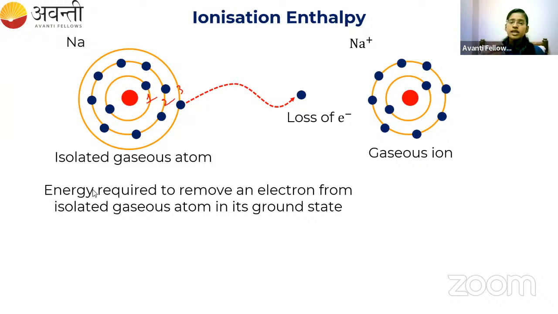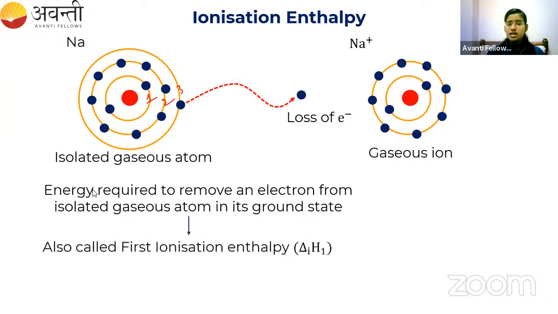Since I am removing the first electron from this atom, it is called first ionization enthalpy, which is denoted by delta H1I. Mathematically, I can denote this ionization enthalpy process like this. I have an atom X in gaseous state, and I remove 1 electron from that X, and that X is converted to X plus.